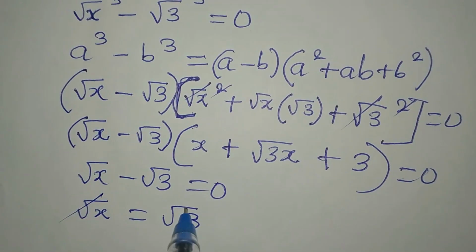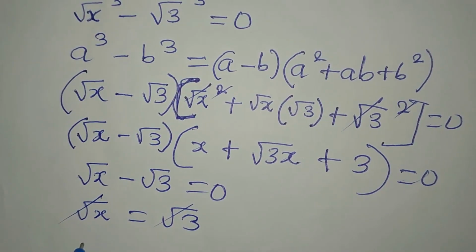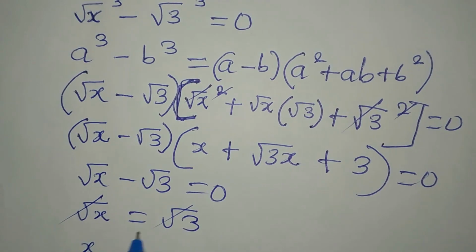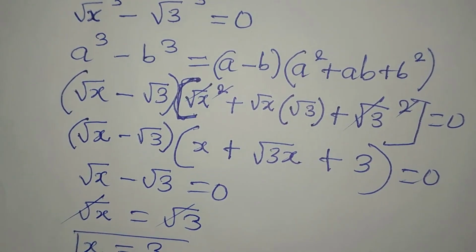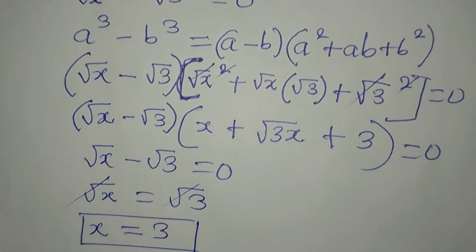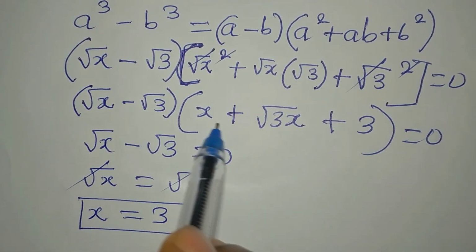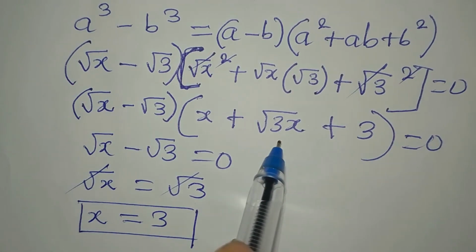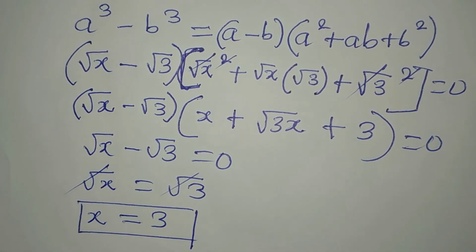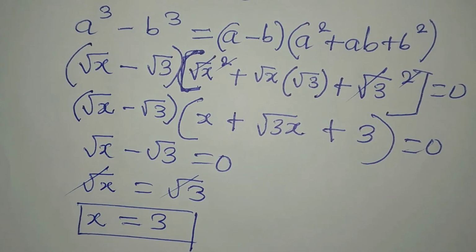The square can cancel, and then we have x equal to 3. So this is one of the solutions to the problem. Now to continue, I will pick this second factor, x plus square root of 3x plus 3 equals 0. So we'll start from there.